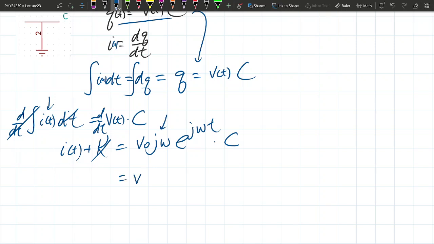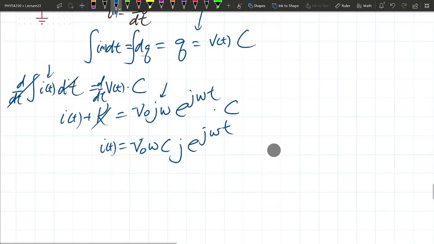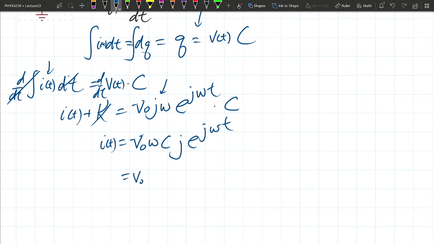I'm going to collect a lot of the stuff together. There's an omega here, a C here, a j here. And what is j equal to? j is equal to e to the j pi over 2.